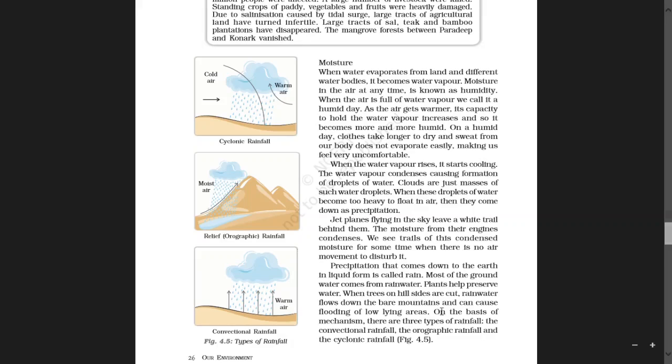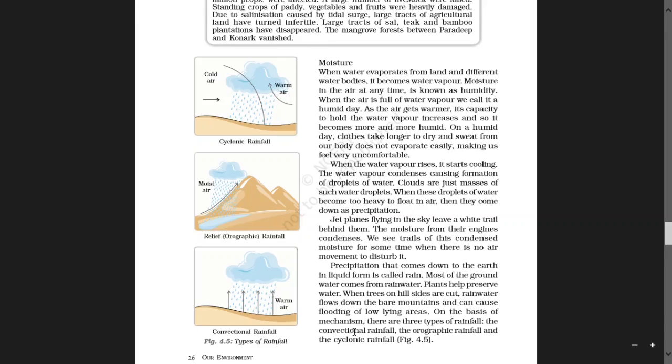On the basis of mechanism, meaning parts working together in a machine, on the basis of this process, there are three types of rainfall: the convectional rainfall, the orographic rainfall, and the cyclonic rainfall.